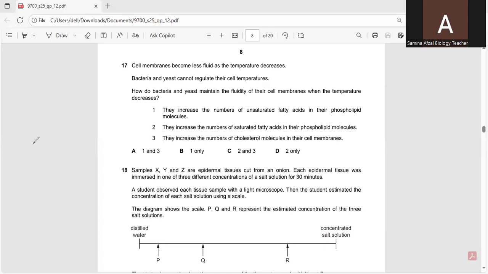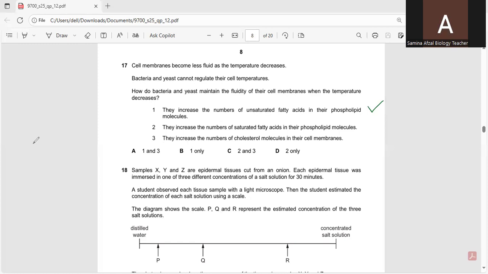The first statement is they increase the number of unsaturated fatty acids in phospholipid molecules. Well, this is the correct statement, because unsaturated fatty acids have double bonds in their chains. When there is a double bond, it means they are unsaturated fatty acids, so they can easily break down.